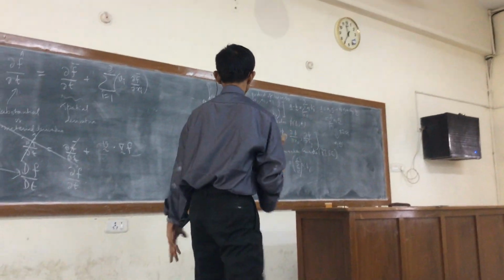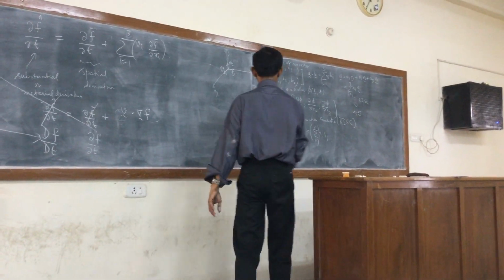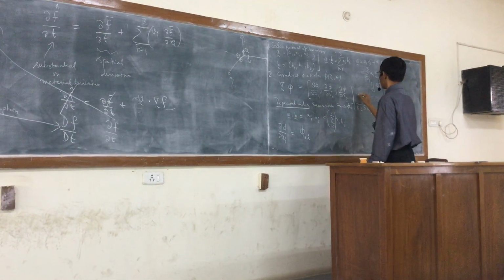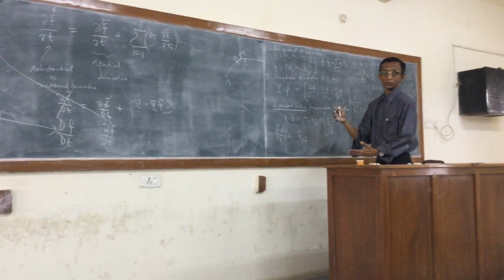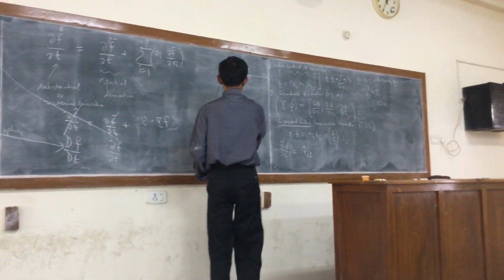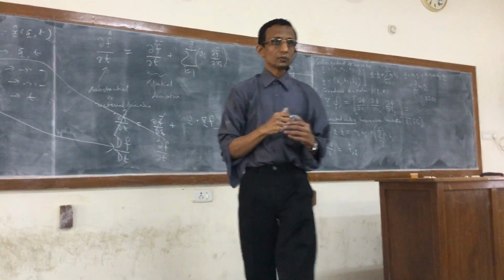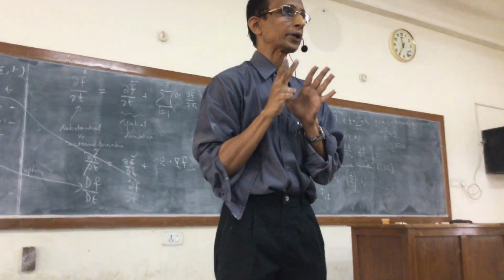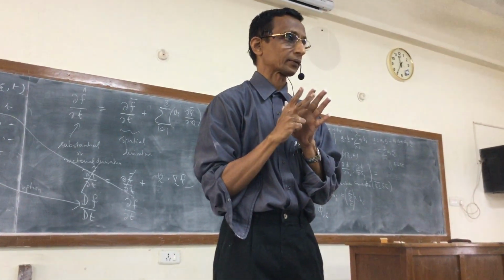So the whole formula, for instance, the gradient, can be very compactly written. If I want to denote a vector, I can simply choose to write an arbitrary component of the vector.